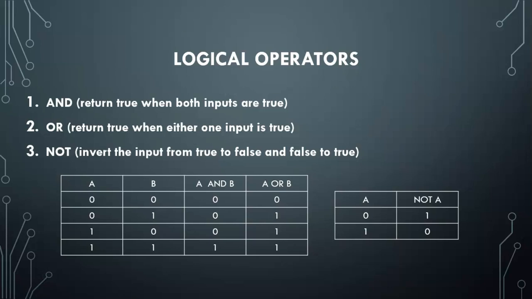Now we will discuss NOT. NOT operator inverts the input from true to false and false to true. There is a table of all the logical operators AND, OR and NOT.